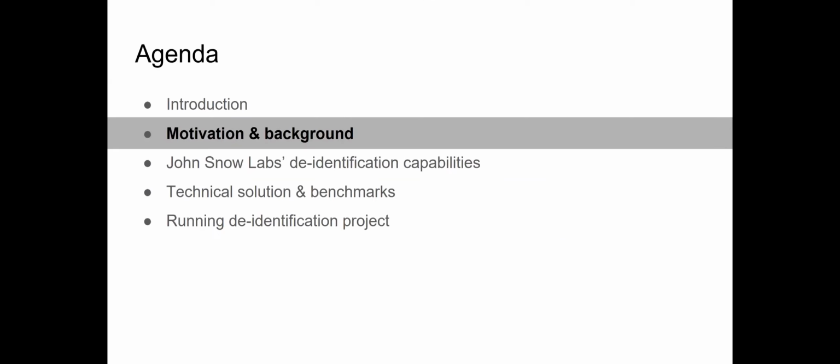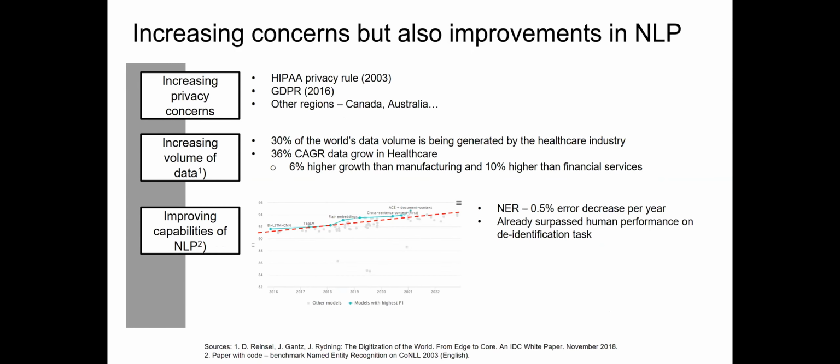All right, so why do we need to do de-identification in the first place? One reason is increasing concern with privacy regulations. There was HIPAA, with the HIPAA Privacy Rule introduced at the beginning of the 21st century. Then GDPR, which is younger than HIPAA.